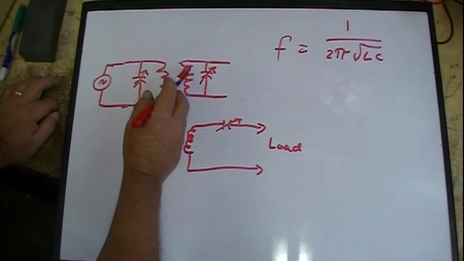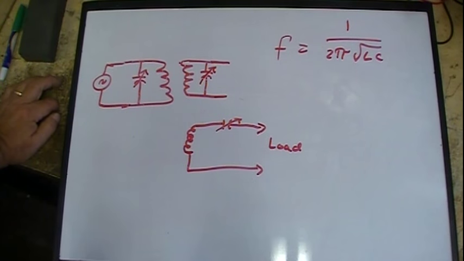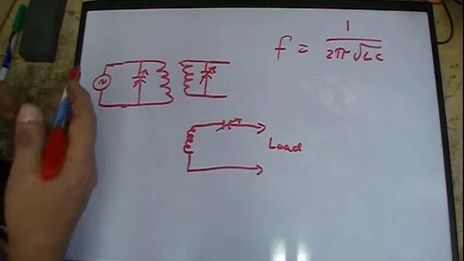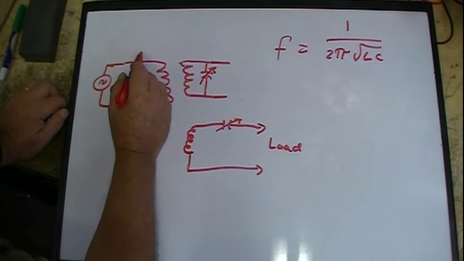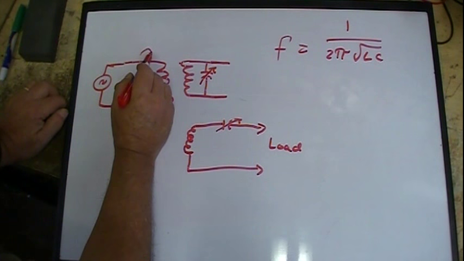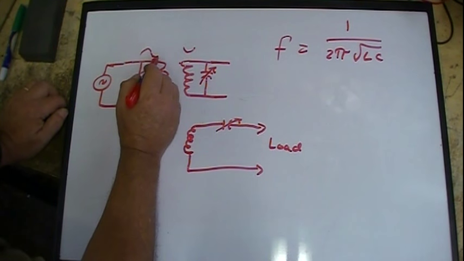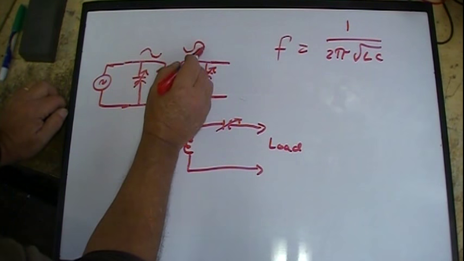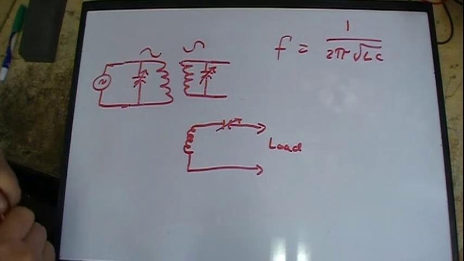One thing to remember about them, if you want to look at it from the standpoint of phasing: as this one goes up, this one goes down, and as this one goes negative, this will go positive. But it's not really that big of a deal. It doesn't matter.